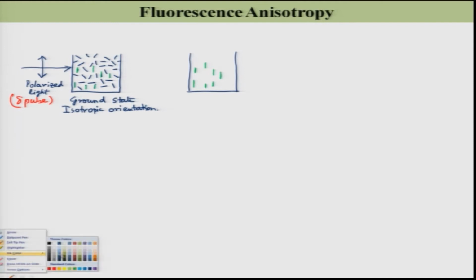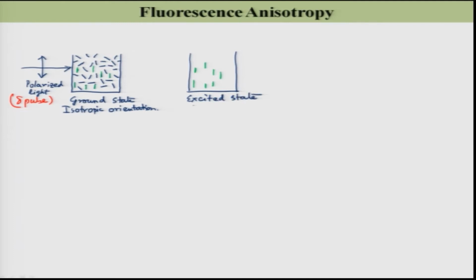So, here I can write this is my excited state, and this is the anisotropic situation, anisotropic orientation. So, this is my excitation. Now, when this molecule comes back from the excited state to the ground state, it will emit radiation.